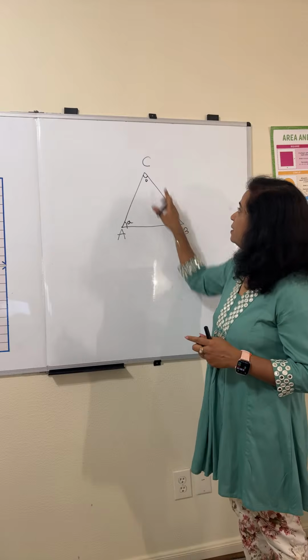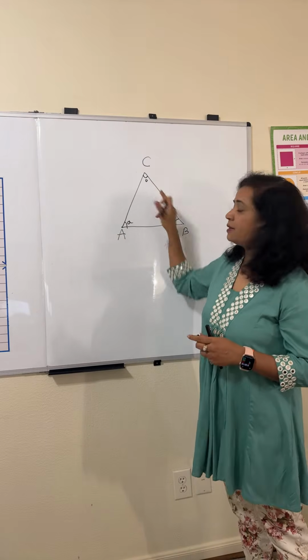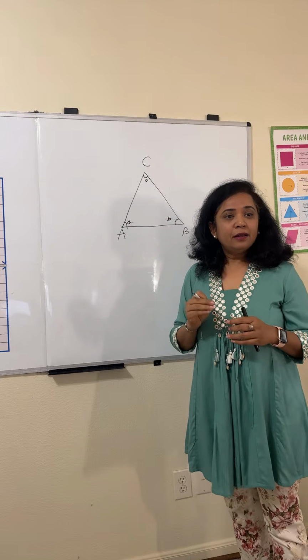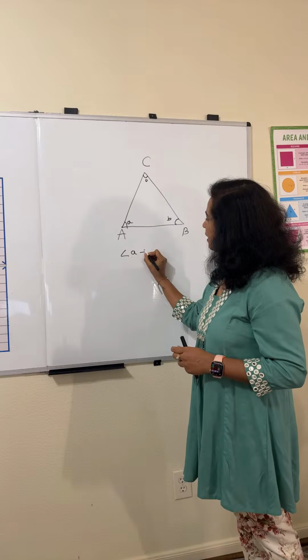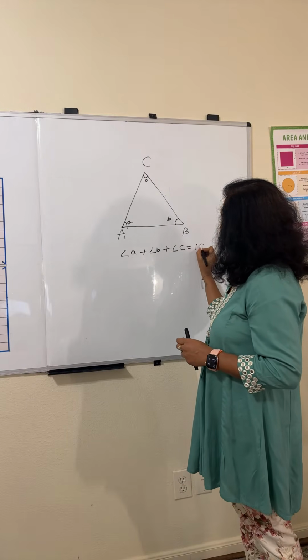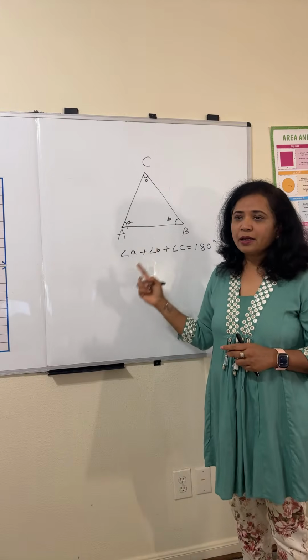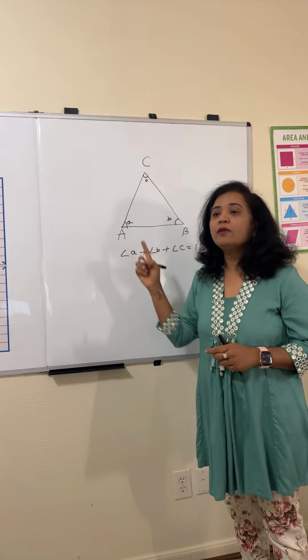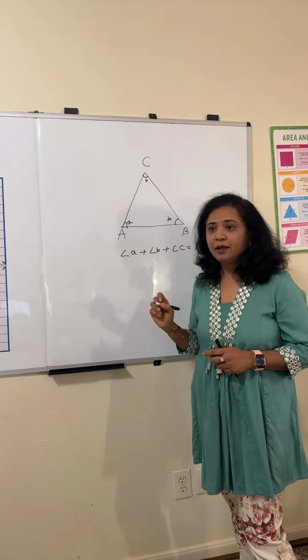AB, BC and CA represent the line segments, the lengths of the segments. So what do you mean by degree? Angle A plus angle B plus angle C has to be equal to 180 degrees. The sum of the degrees of the three angles is equal to 180 degrees.